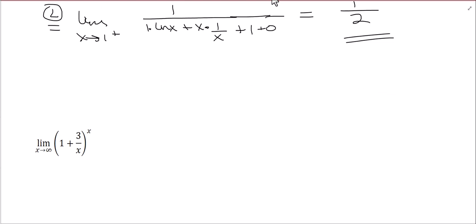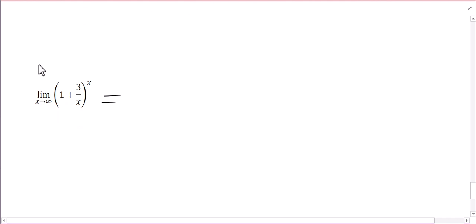In this example, can you already tell what the limit is? In the video that was assigned to you, what you saw was that the limit as x goes to infinity of 1 plus 1 over x, to the x, was something.